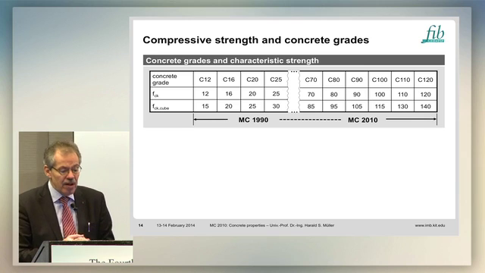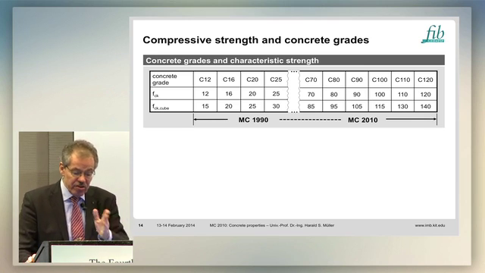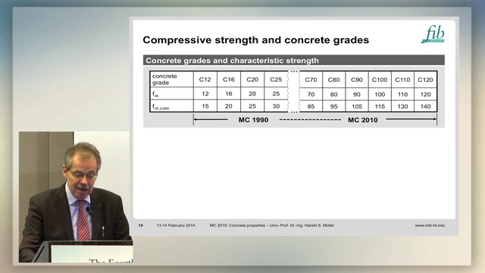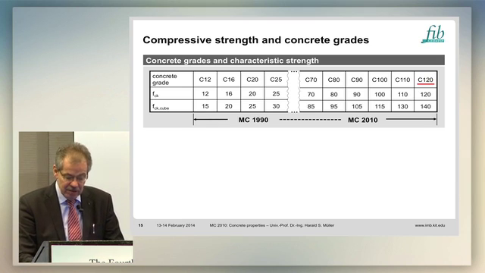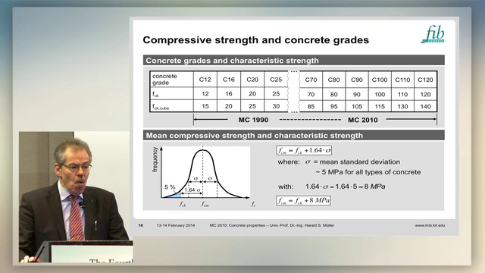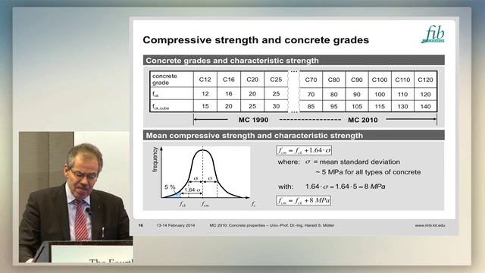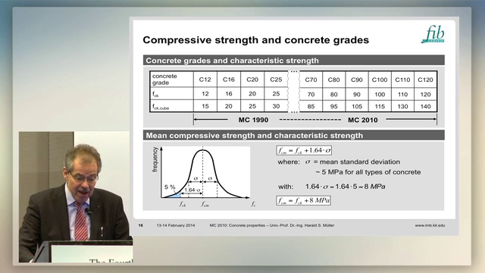Well, I would like to move on to the compressive strength of concrete and the concrete grades, which is shown here. And as already mentioned, for Model Code 2010 it has been extended up to the concrete grade C120. What has often been asked in the past was how the characteristic strength is defined.